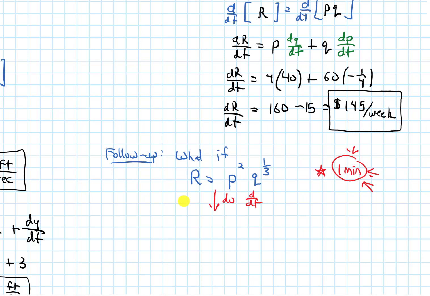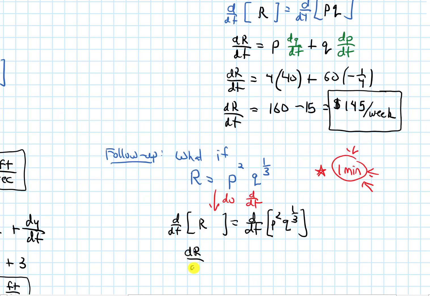All right, let's talk about it together now. I need to do d/dt of both sides. So d/dt of R on the left, d/dt of P squared Q to the 1/3 on the right. On the left, we'll get dR/dt. On the right, we'll need product rule, which says take the first function times the derivative of the second. With implicit differentiation, the 1/3 will come down, and I'll get times Q to the negative 2/3.